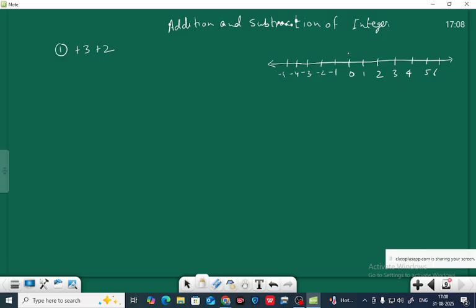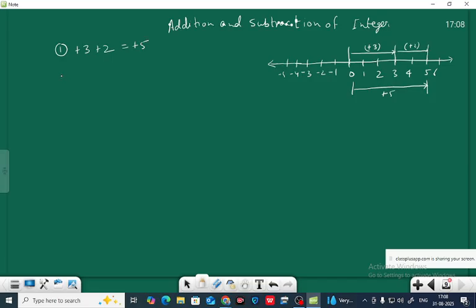If we add the numbers, from 0 to 3, this is plus 3. And again plus 2, that is 1, 2. This is plus 2. If we add the numbers, we are getting the answer as plus 5. You see here, the answer is plus 5.